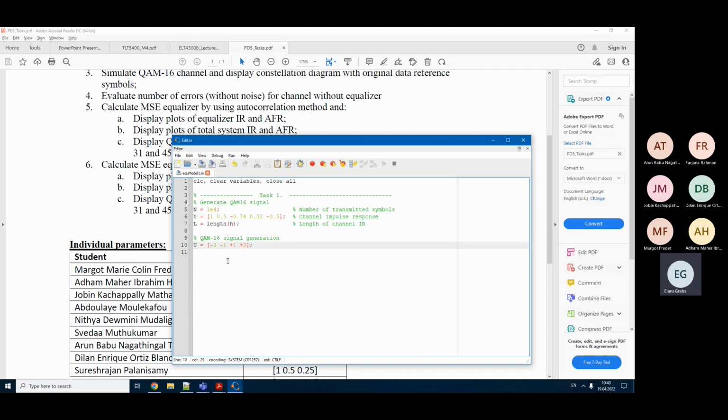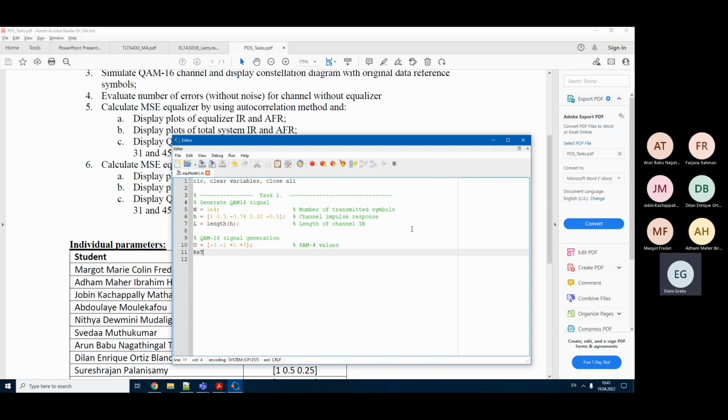So these are the 4-PAM values, pulse amplitude modulation. Each of the axes, real axis and imaginary axis, has its own pulse amplitude modulation, which together make quadrature amplitude modulation 16.